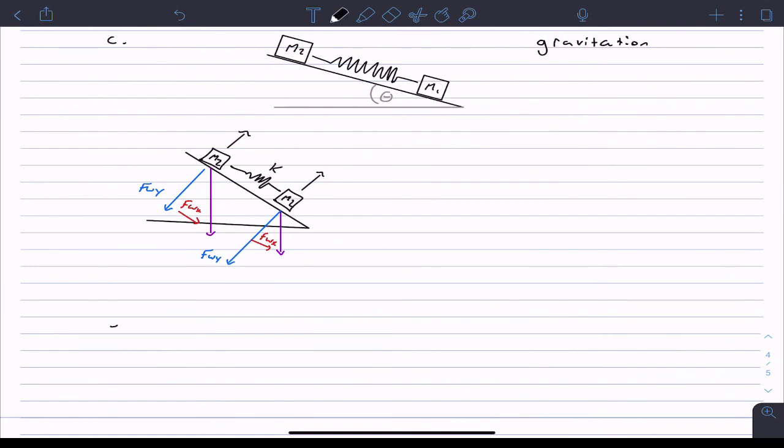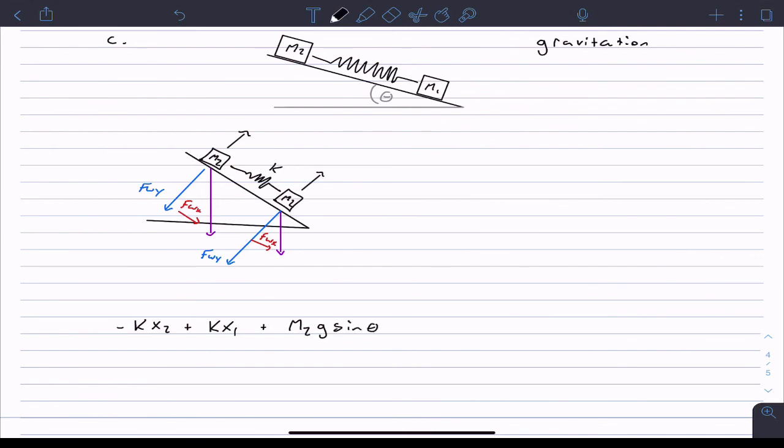So we have a negative k x2, that's a displacement from x2, plus k x1. We have m2g sine theta, right?